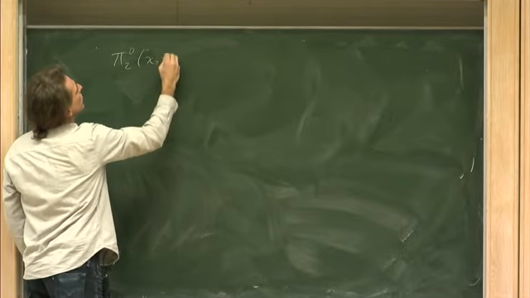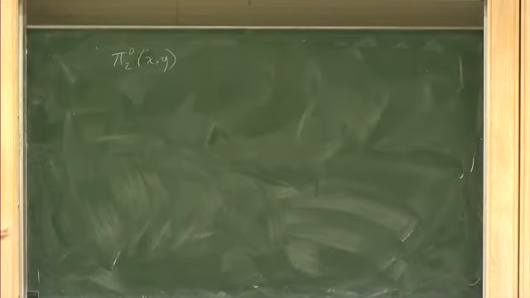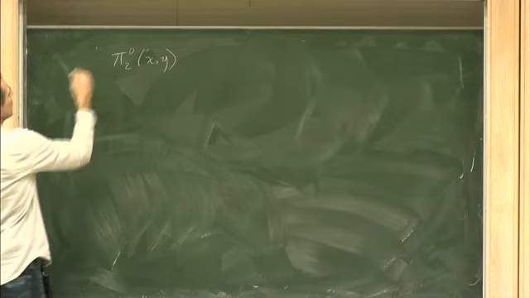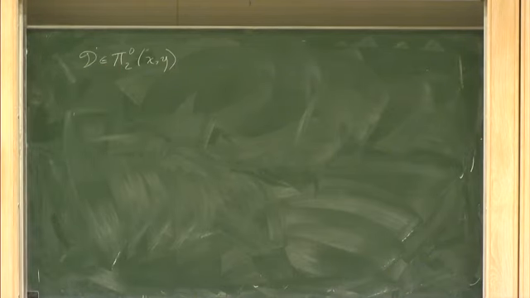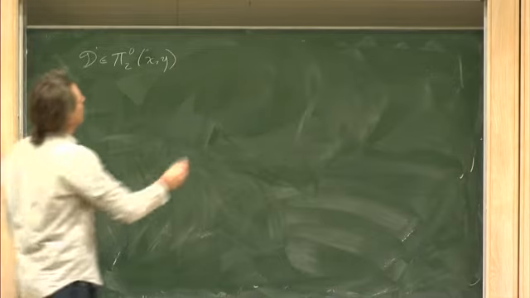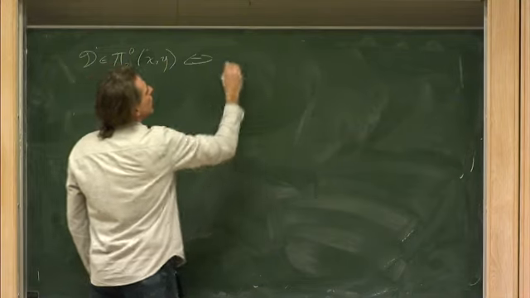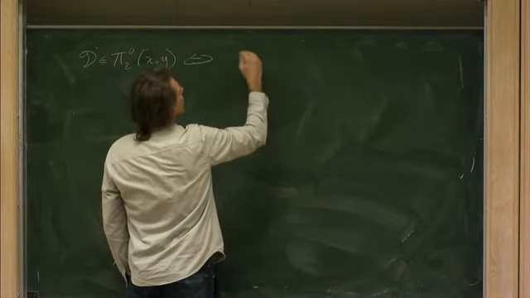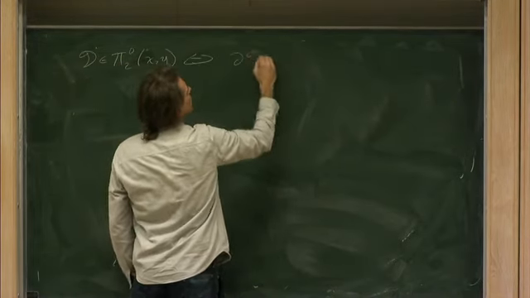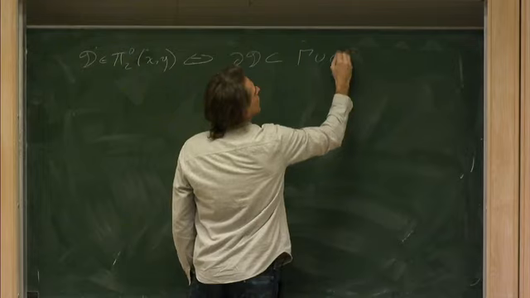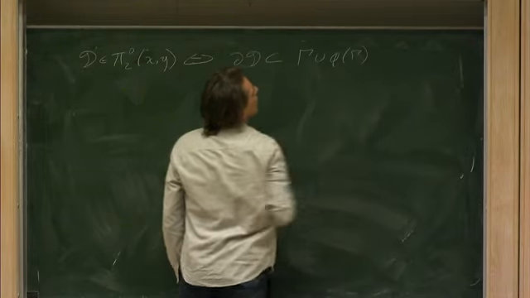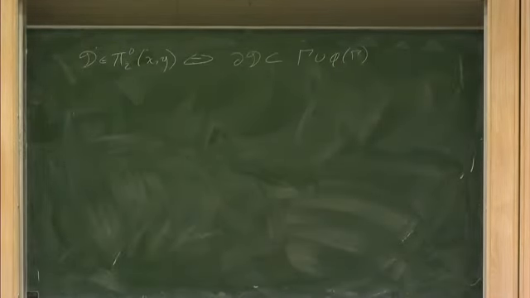So for generators x, y, pi 2, 0 of x, y, we're going to say that a domain D is in pi 2, 0 of x, y if, and only if. So what should we have? We should have that the boundary of D sits in gamma union phi of gamma.